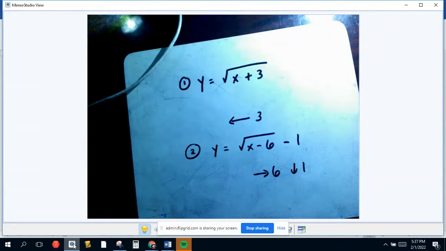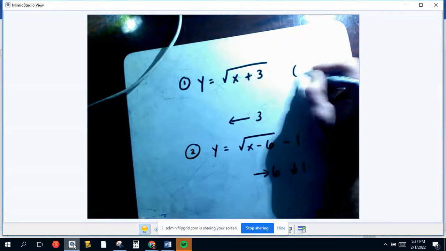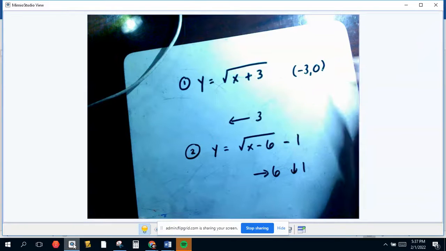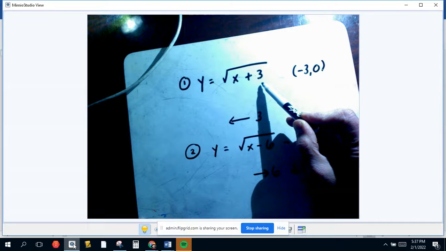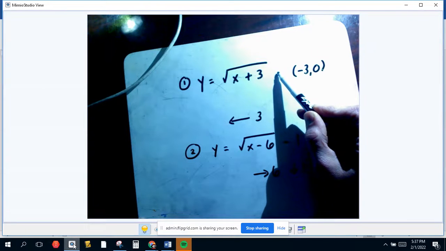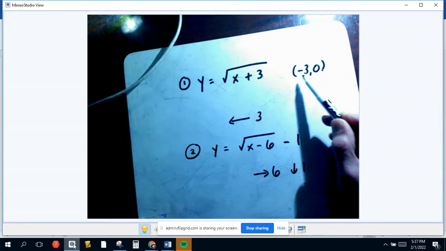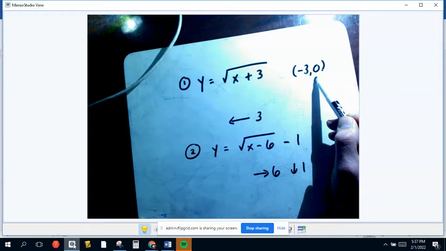As a matter of fact, what a lot of times people will do here is make a coordinate, sort of a starting point here of -3, 0 by changing the sign on the inside, but doing nothing on the outside. And here we only have an inside number, the +3, so we change it to -3. We don't have an outside number, so it's just 0.